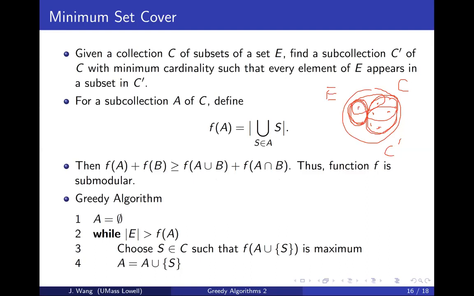In order to find this minimum C prime, we use a greedy algorithm. So initially A, or C prime, is the empty set, and then while f of A does not cover E, which means that it's less than the size of E, we simply choose S in C such that when we add this S to A, f gives the maximum value.